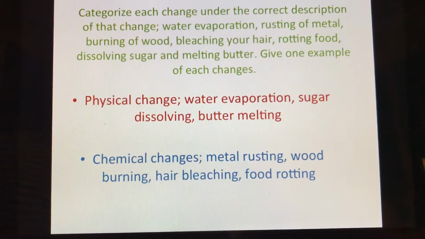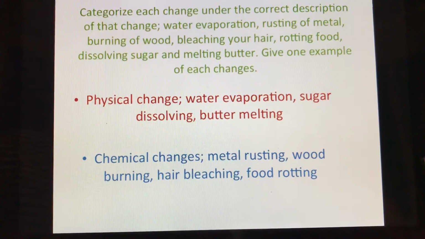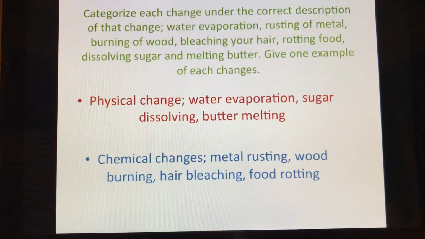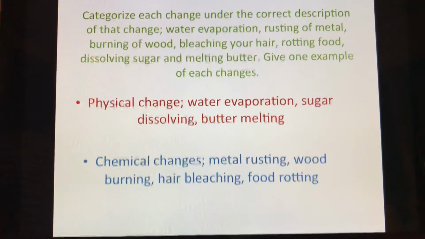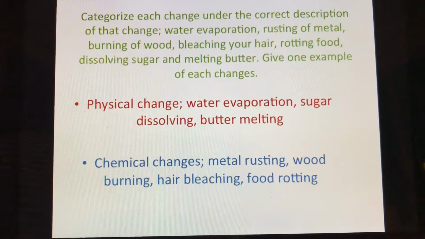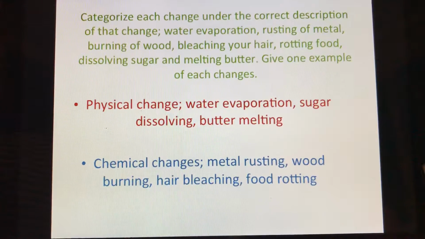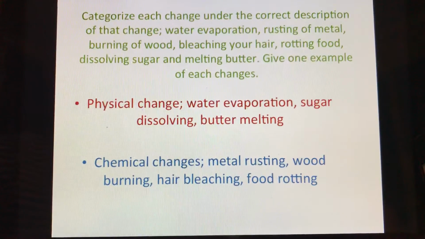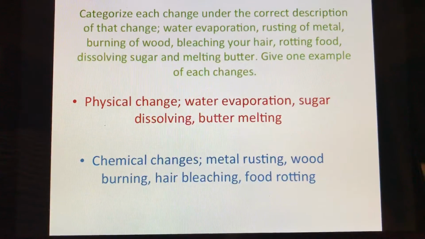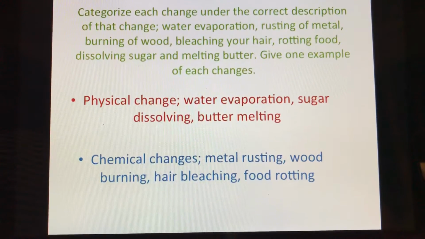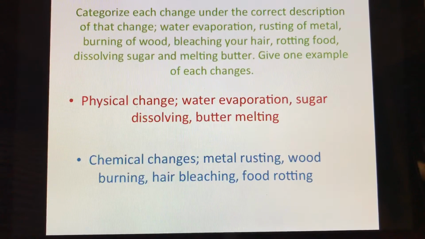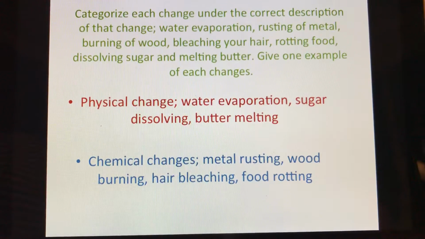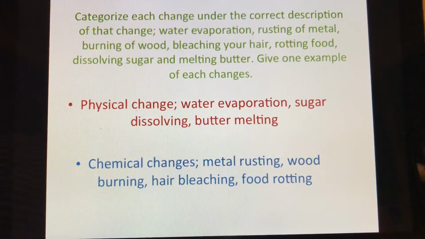Okay, so we're going to categorize each change under the correct description of that change. Water evaporation, rusting of metal, burning of wood, bleaching your hair, rotting food, dissolving sugar, and melting butter. And one example of each change. So for physical change, I put water evaporation, sugar dissolving, and butter melting.